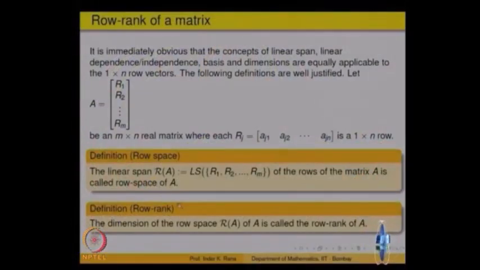That vector space has a dimension, and that dimension is called the row rank of the matrix A.